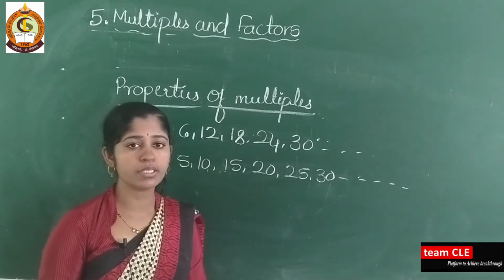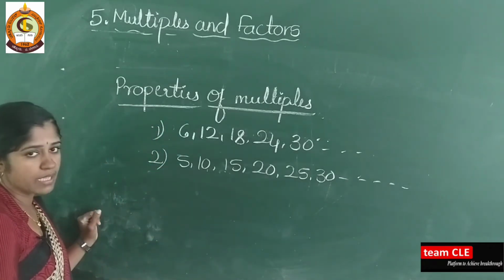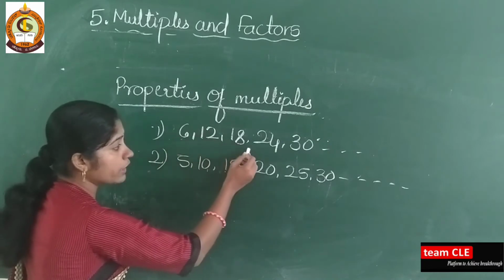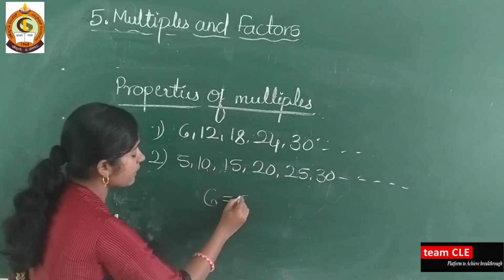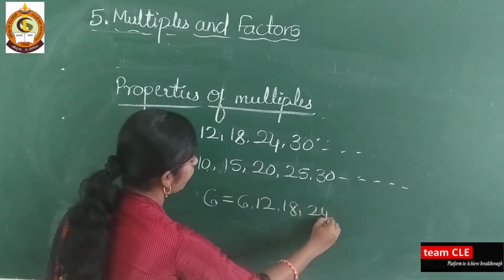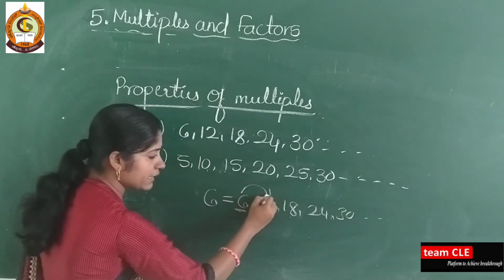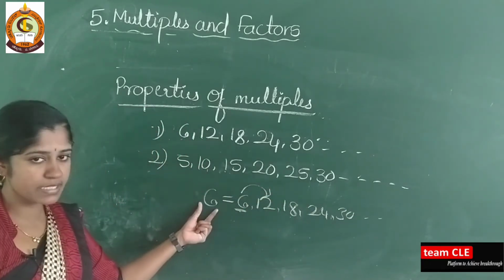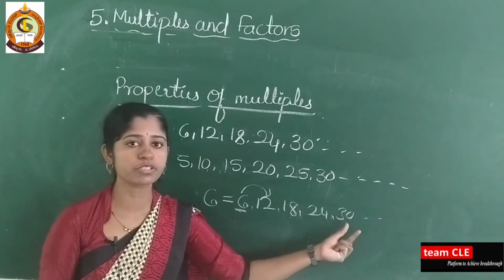By observing this, what do you come to know? The multiples are always equal to or greater than the given number. See here, 6 is there. The multiples of 6 are 6, 12, 18, 24, 30, and so on, which are equal to or greater than the given number. 6 1s are 6, 6 2s are 12, 6 3s are 18, 6 4s are 24, 6 5s are 30.